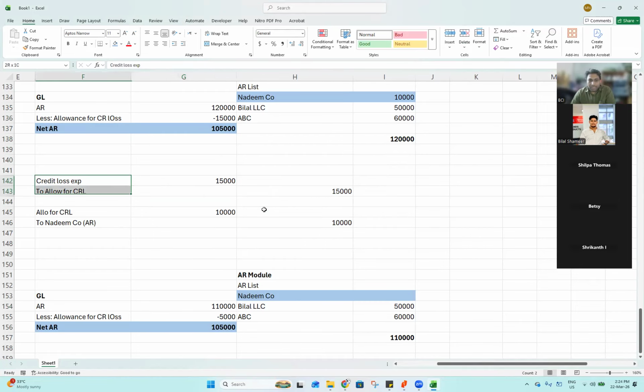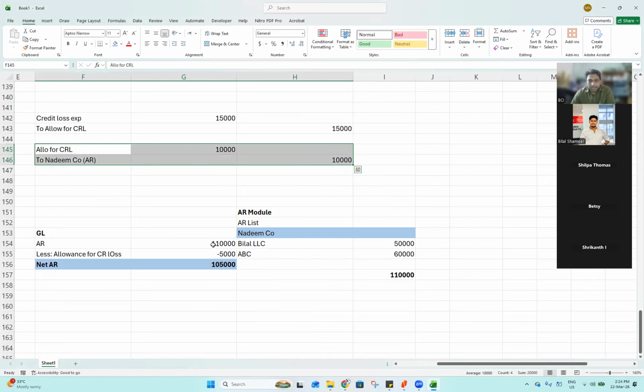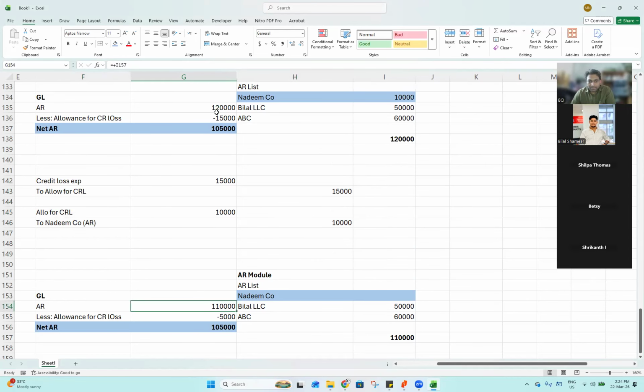After this journal entry, 10,000 is reduced from the AR, and 10,000 is reduced from the allowance also. So that is why the net amount is the same.